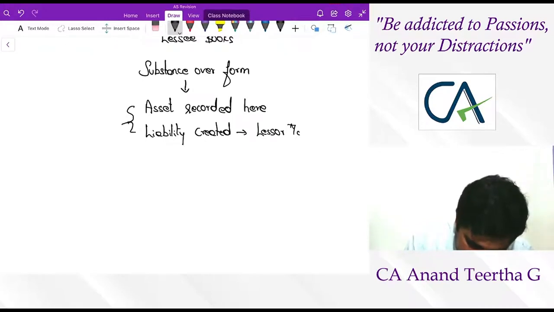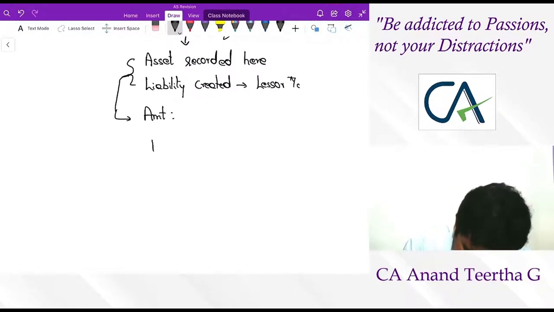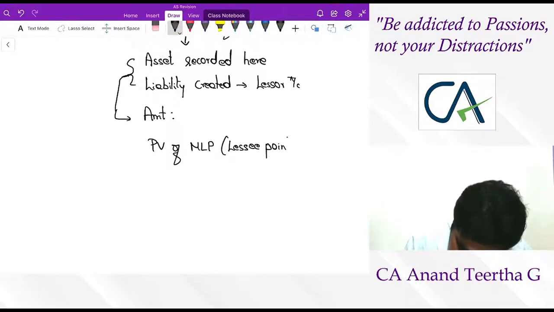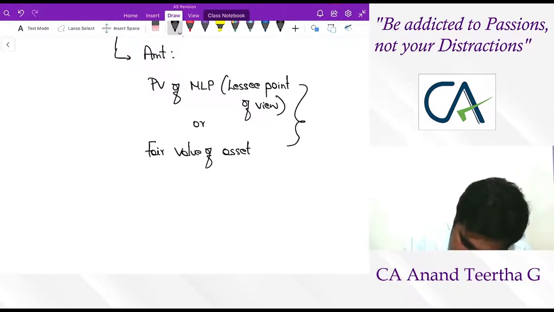Asset recording and liability recording will be done at what amount? The amount involved for this is present value of minimum lease payment from lessee point of view, or fair value of asset, whichever is less.